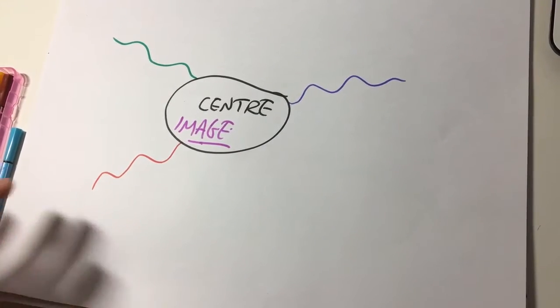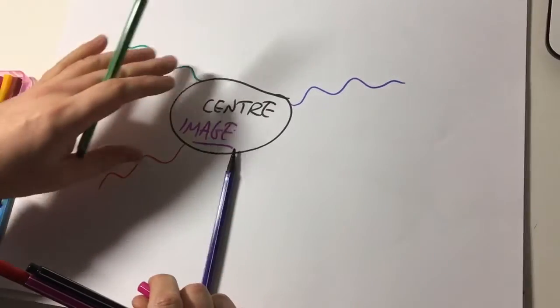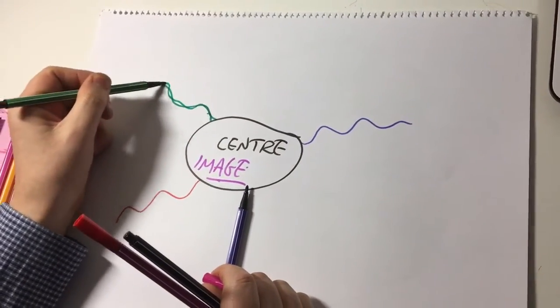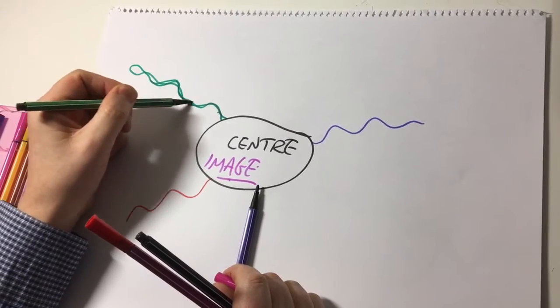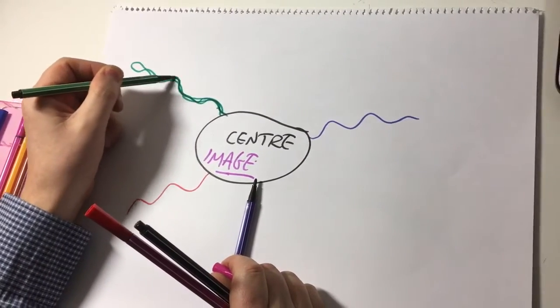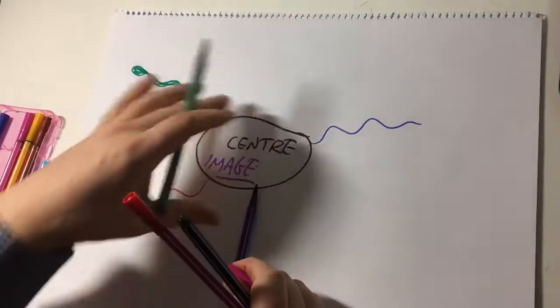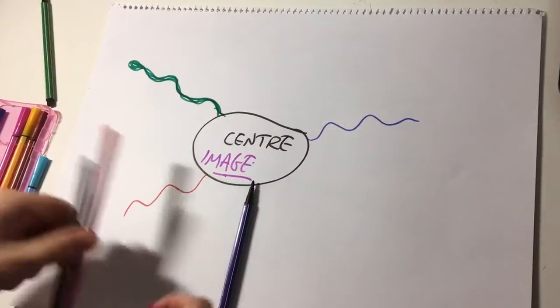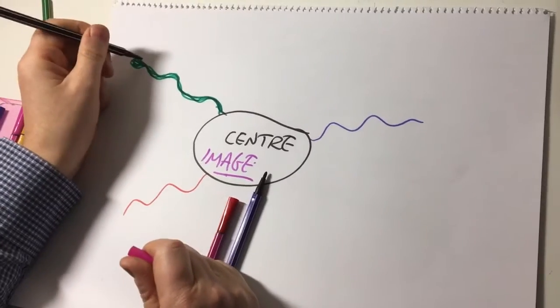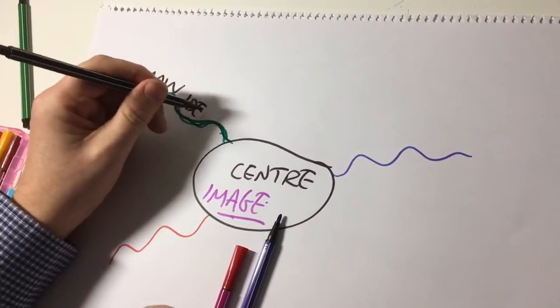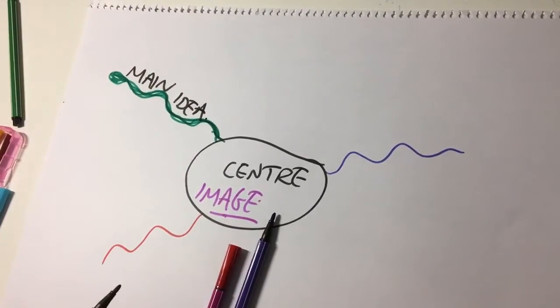So what we look at in our main image here is these central branches. My thick curvy branches: my thick one is my main idea. It's curvy because my brain doesn't like straight lines, and so I've got my main idea for this part of my note taking.